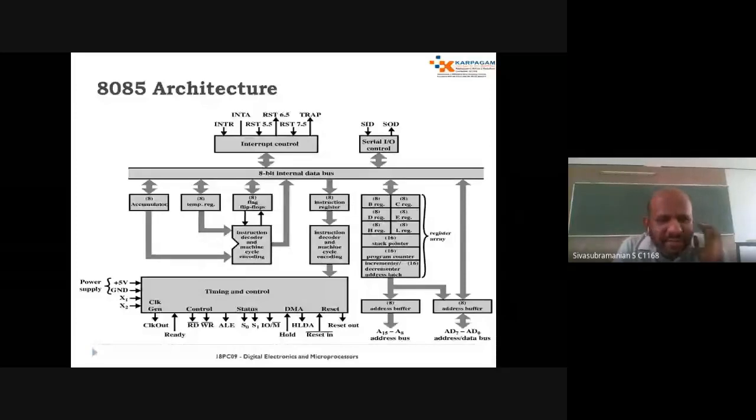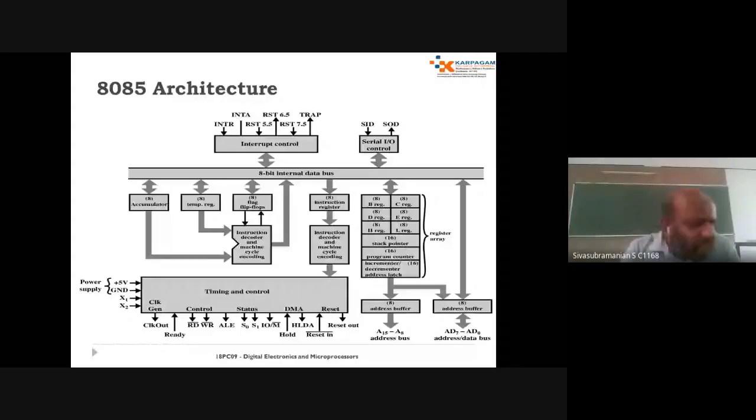And there is one more pin called the READY signal, right? This READY signal is an input signal. Some peripheral devices, like a keyboard or display devices, and any peripheral device for that matter, which is connected to the 8085 processor, operates at a much slower speed than the processor.